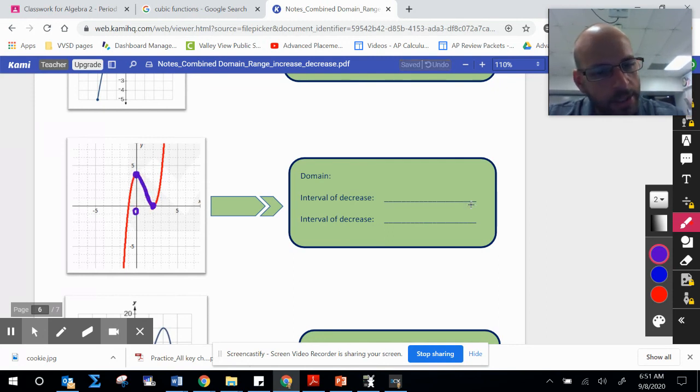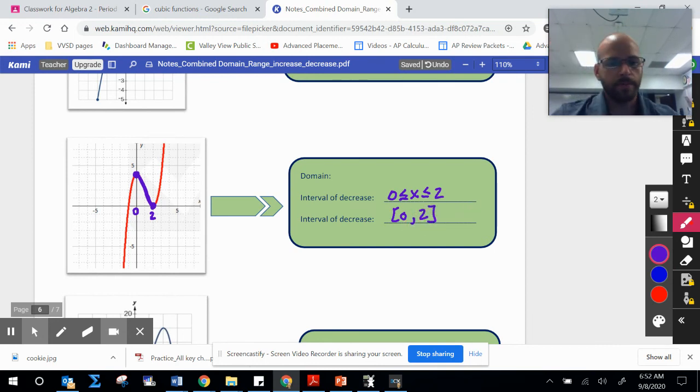This maximum is at 0, and this minimum also happens to have an x value of 2. So my interval of decrease would again be from 0 to 2, or from 0 to 2.